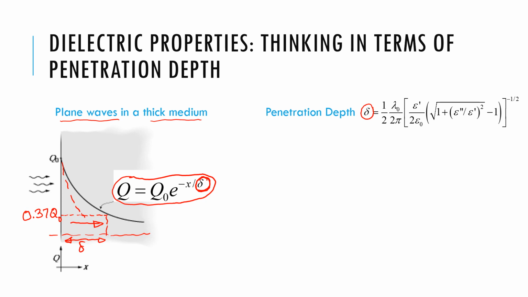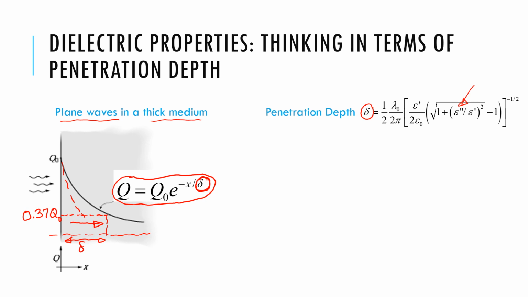So let's see this formula for penetration depth. Does it make sense? So you notice that epsilon double prime has to do with the absorption. If absorption is 0, then the wave should just keep going. It should not decay at all. And so it should have very large penetration depth. And let's see if we actually see that.